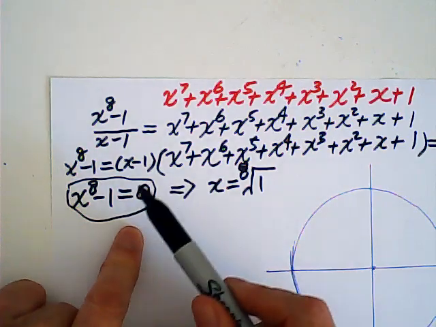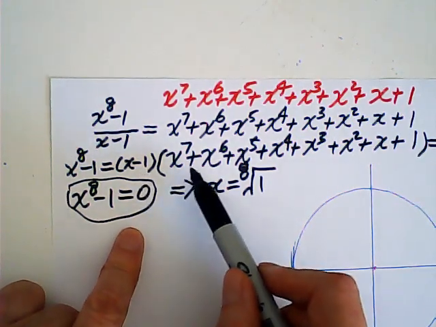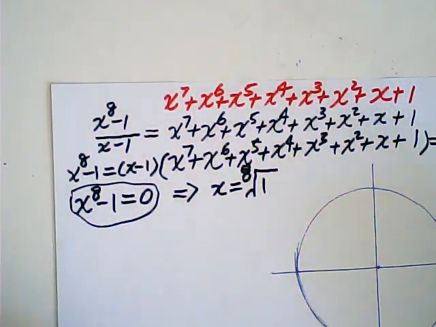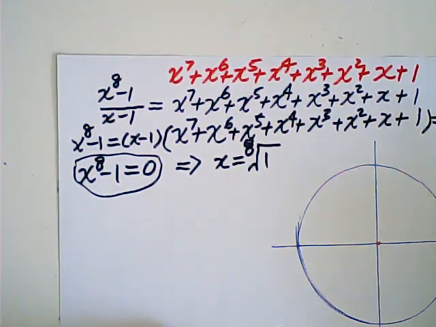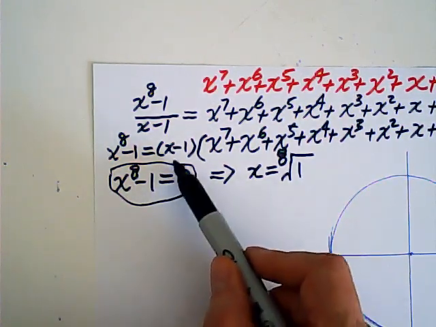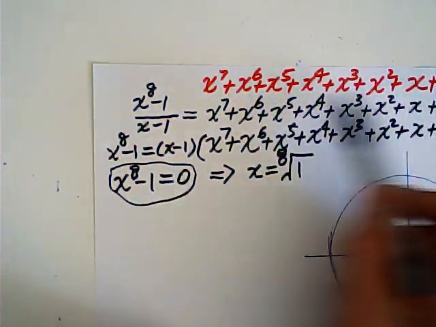One of which is 1. The other 7 are the roots of this red polynomial. So we just find the 8 roots, then I delete 1. The remaining will be the roots we want.